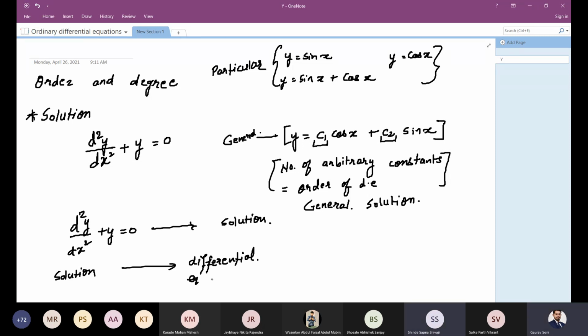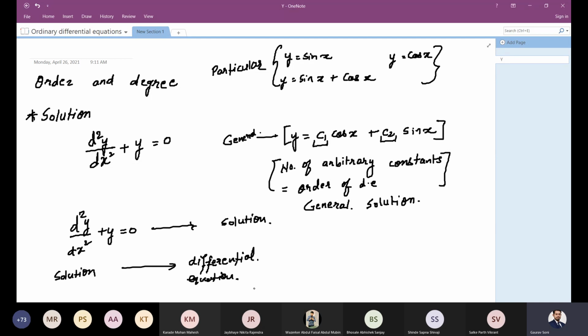So we need to work two ways. If I'm given a function, I should be able to find out the differential equation for that function. If I am given a differential equation, I should be able to find the solution. So both ways we need to study.